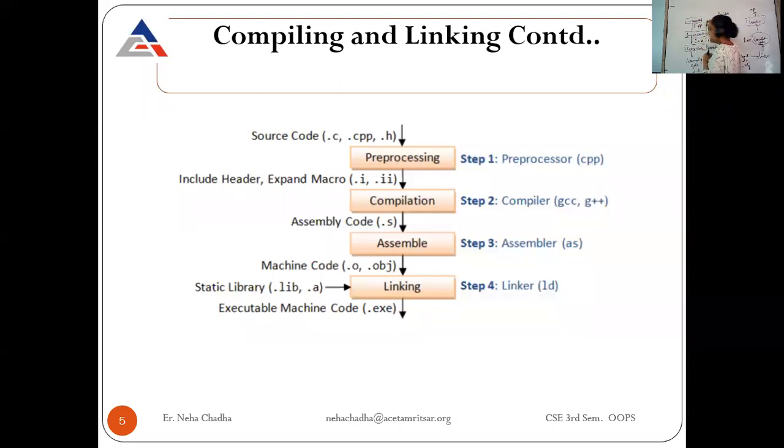I will repeat it again. Firstly, there is the 1.cpp file, that is your source code. There is a preprocessor that will generate some intermediate code with the file extension .i or .ii. Then there is a compilation process. After compilation, your code will get converted into assembly language code. Then it will go to the assembler that will convert your assembly code into machine level language, creating one obj file.